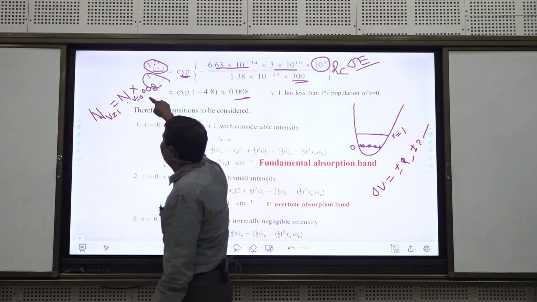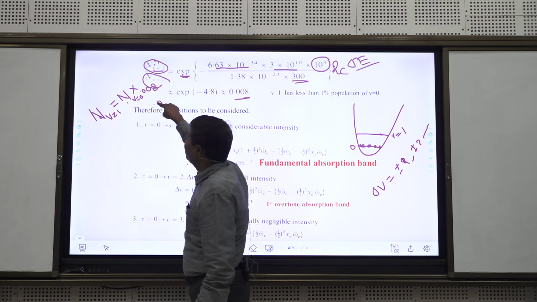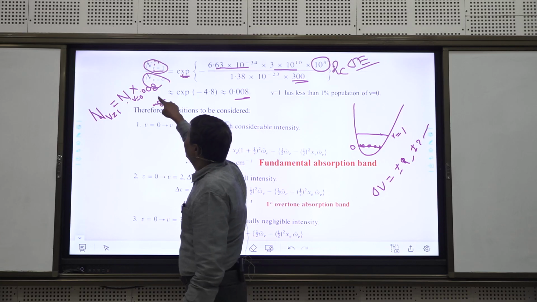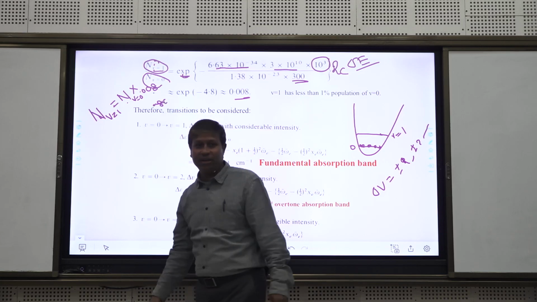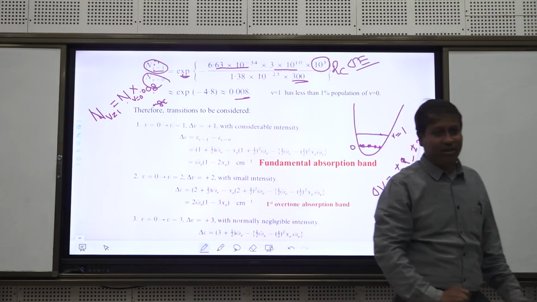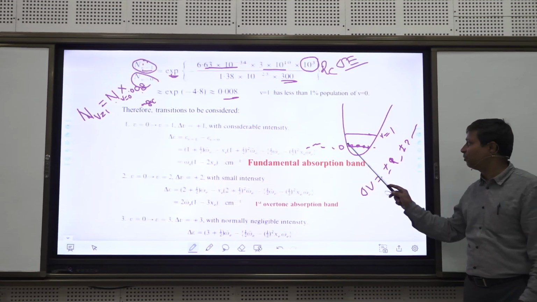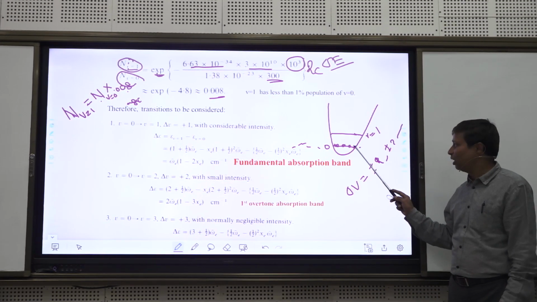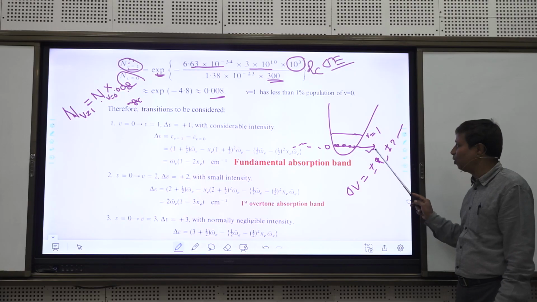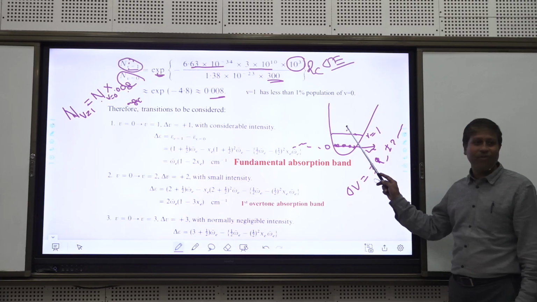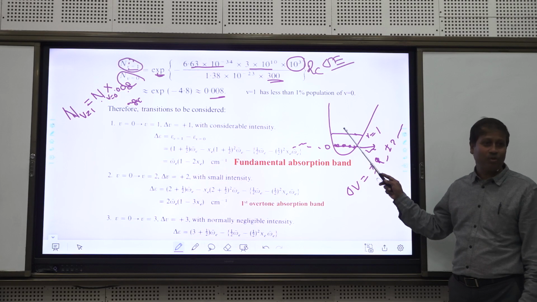If you multiply by 100, that means 0.8. So not even 1%. If you have 100 molecules at v equal to 0, then you have 0.8 at v equal to 1, which means not even one molecule.